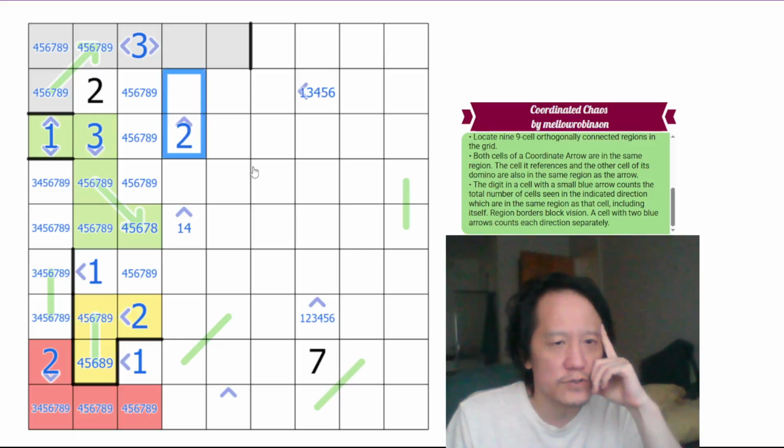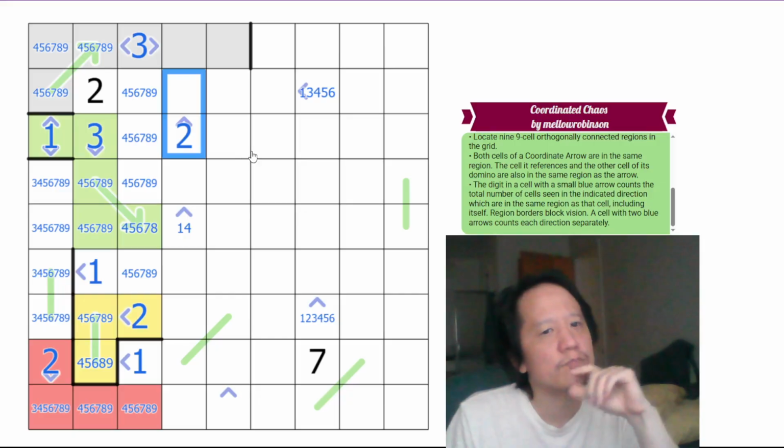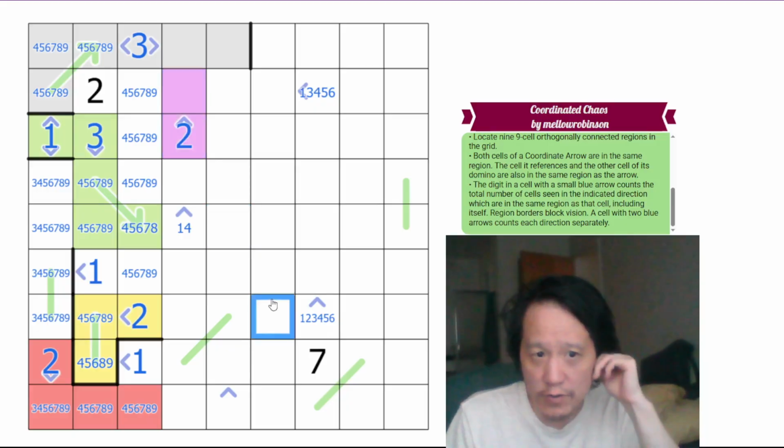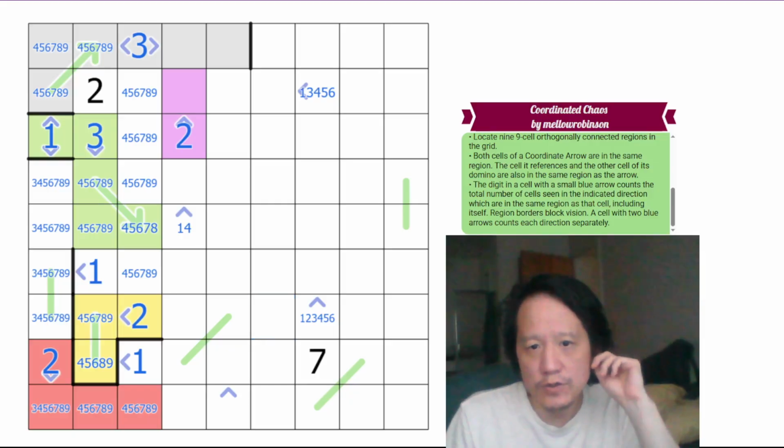This, again, is only 2. It could still be green, but we're going to mark it as pink for now. So it goes 2 and then stops.